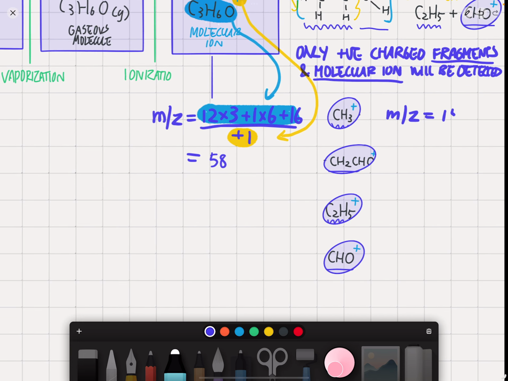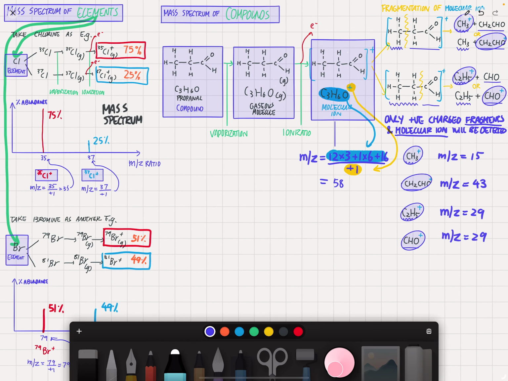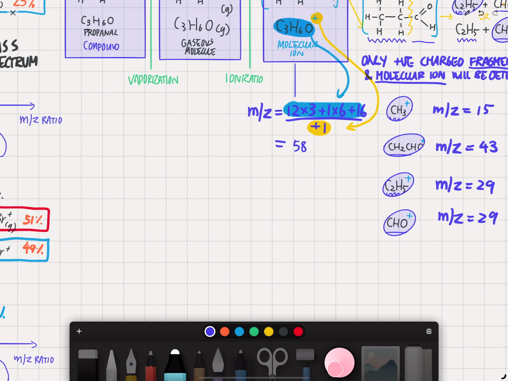This one will have a mass to charge ratio of 15. This will have 43. Make sure you stop the video to check that you really get those masses. The third one will have a mass to charge ratio of 29, and the fourth one will also have 29. So they will all appear on the mass spectrum of the molecule.